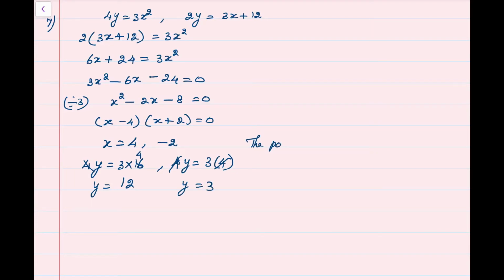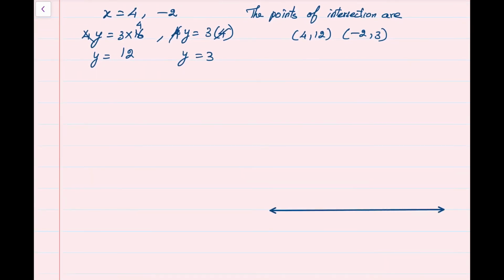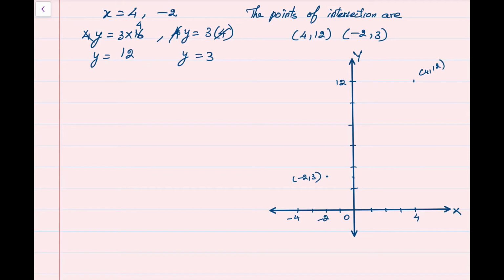The points of intersection are 4, 12 and minus 2, 3. The parabola is an upward parabola and it passes through the origin.